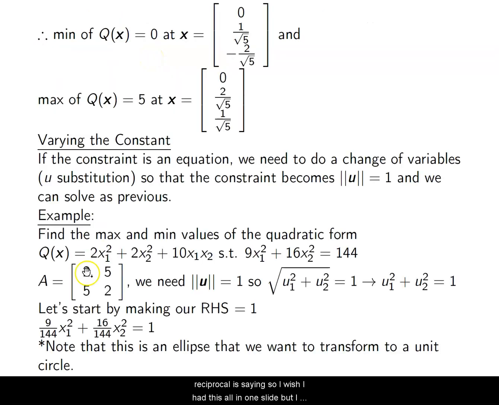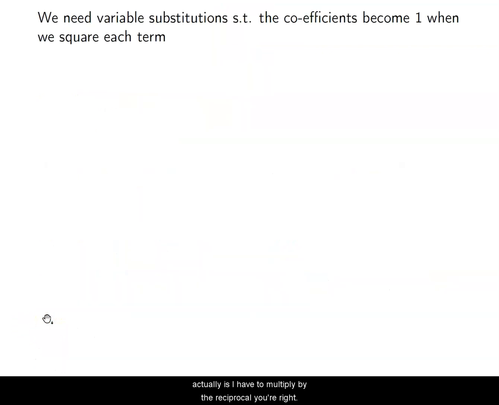Okay, so I wish I had this all on one slide, but I don't, right? So if this whole thing equals u1 squared, okay, that's my first substitution, and I say u2 squared is 16 over 144 x2 squared. So doing that, when I want to solve for what x1 squared actually is, I have to multiply by the reciprocal here, right?